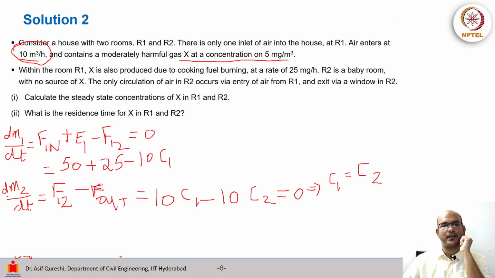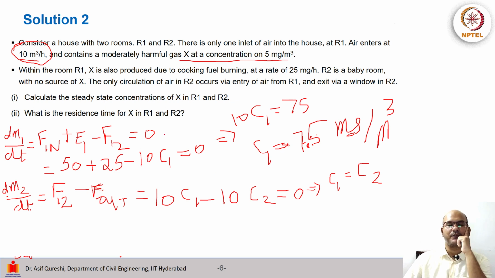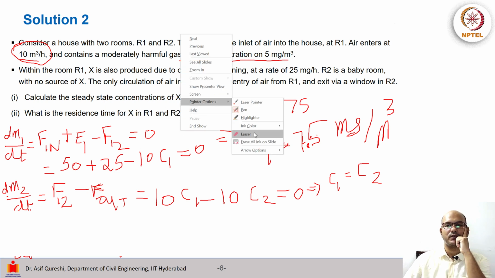And dm1 by dt equal to 0 will imply 50 plus 25 minus 10 C1 is equal to 0, which implies 10 C1 is equal to 75, or C1 is equal to 7.5 milligrams per meter cube. So that's one part done.